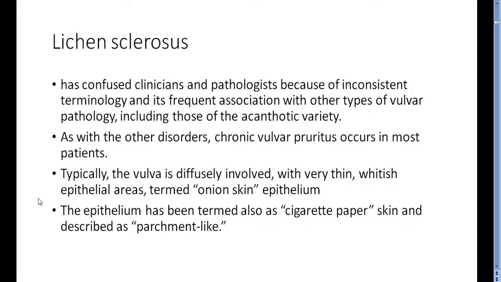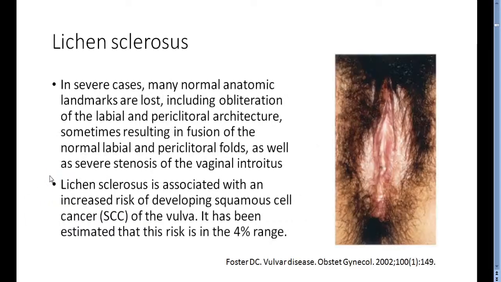As with other disorders, chronic vulvar pruritus occurs in most patients. Typically, the vulva is diffusely involved with very thin, whitish epithelial areas termed onion skin epithelium. The epithelium has also been termed cigarette paper skin, or described as parchment-like skin.